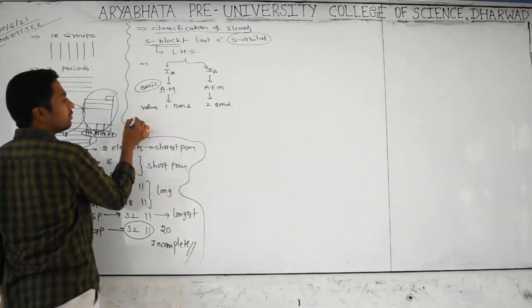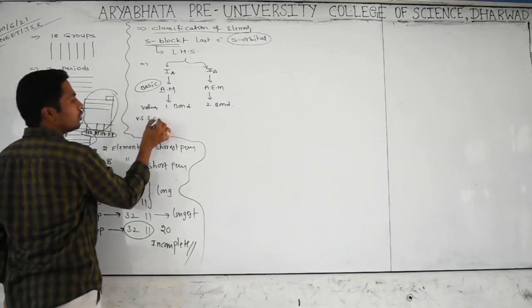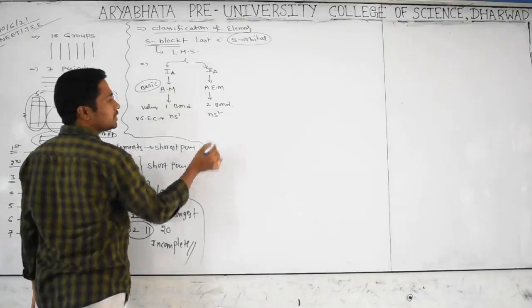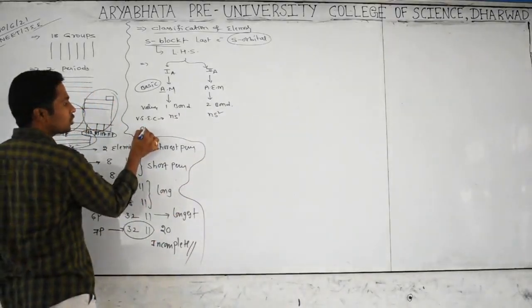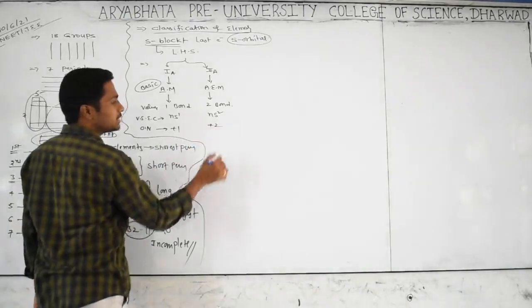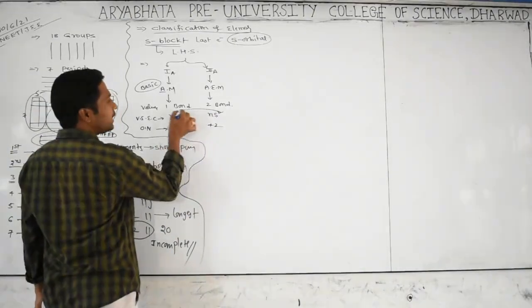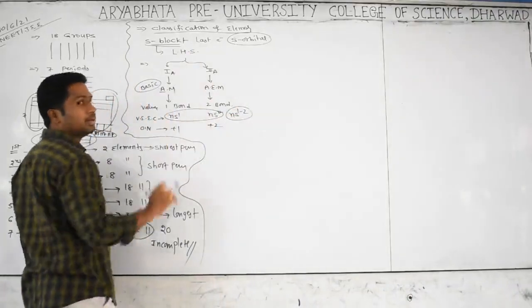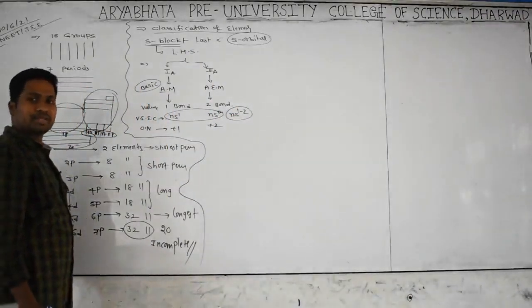What is the valence shell electronic configuration? For the first group it is ns1, and for the second group it is ns2. What is the oxidation number? For the first A group it is +1, and for the second it is +2. Commonly we write the electronic configuration of s-block elements as ns1 and ns2. Are you understanding or not?